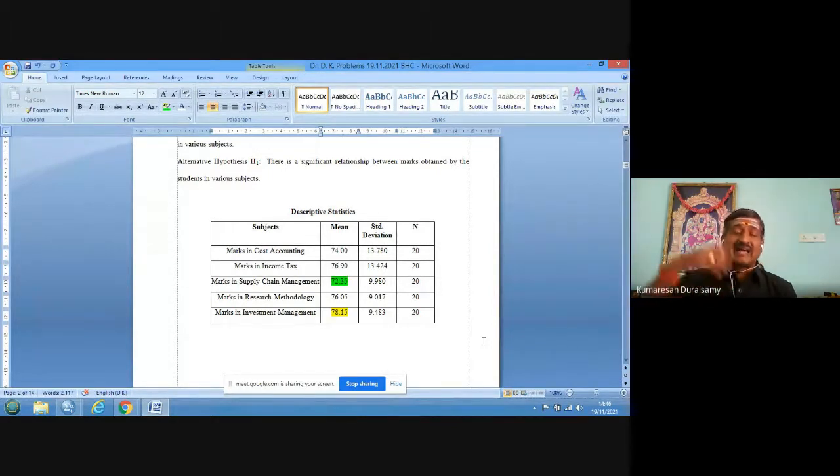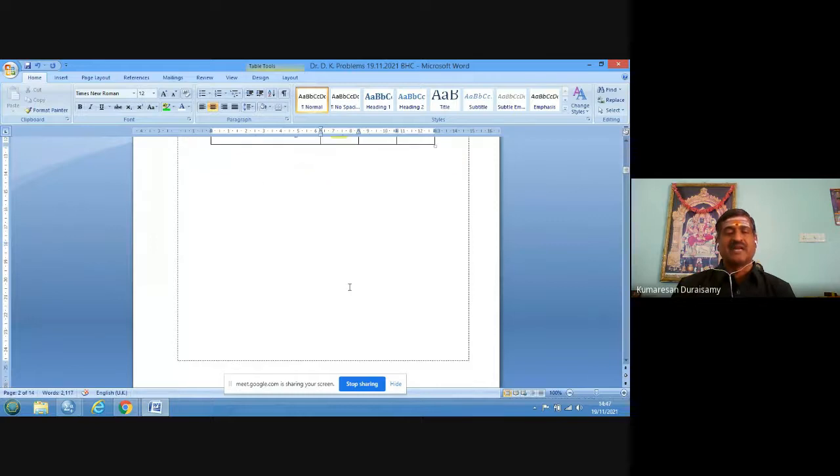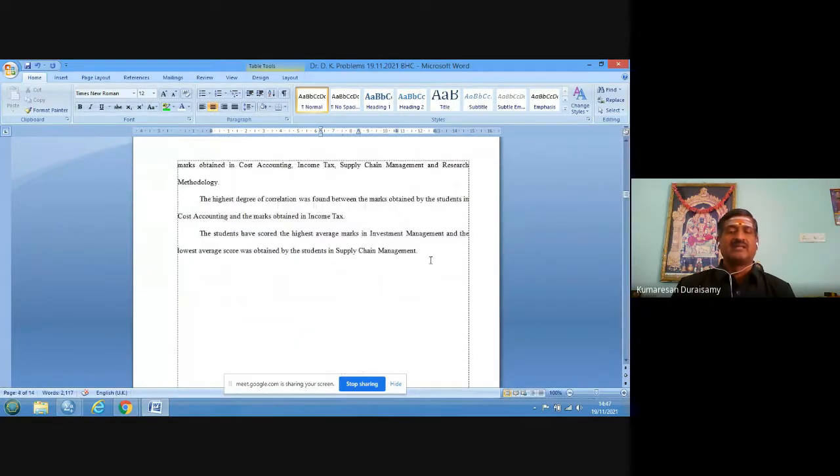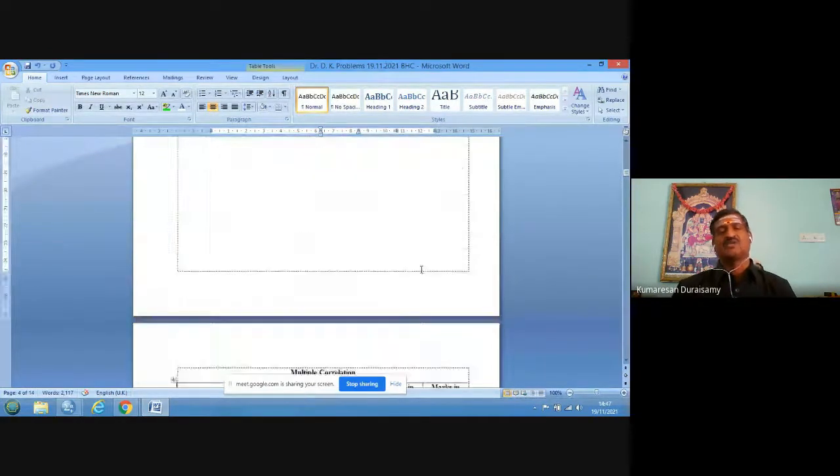That can be understood with a different analysis. Here we can say this much interpretation only. The highest average mark is obtained in investment management, and the lowest is in supply chain management. That's all. This is about the simple correlation and multiple correlation.